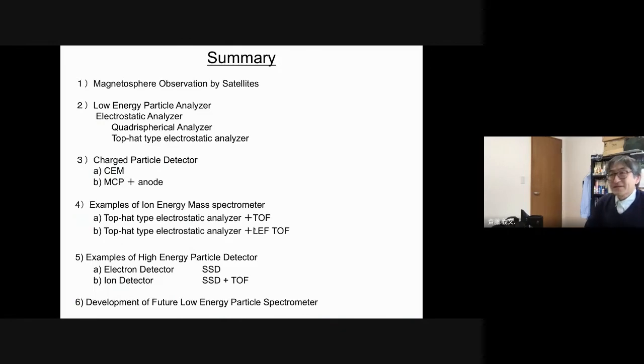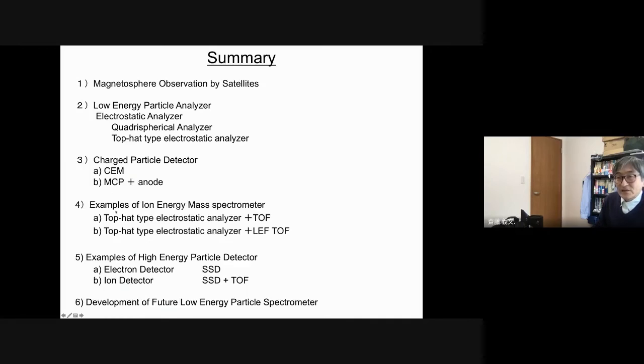Okay, so in summary, today I talked about the low-energy particle analyzers. First I talked about the magnetosphere observation by satellites. I showed examples of low-energy particle analyzers, called a spherical analyzer and top hat type electrostatic analyzer. I also talked about the charged particle detectors, channeltron and MCP, multi-channel plate.